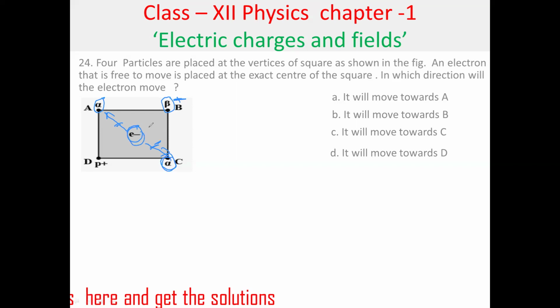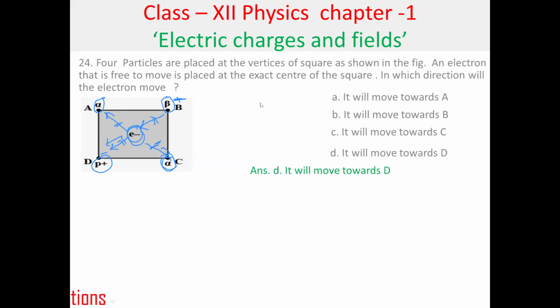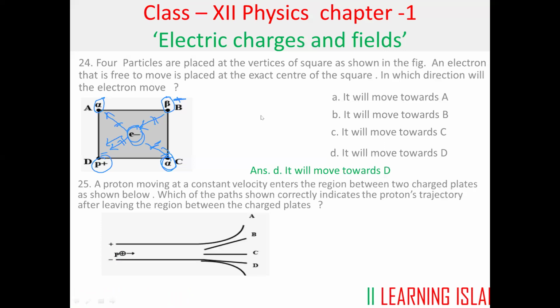Now come to this point. Beta, the minus charge, will push the electron this way, and the positive charge will pull it this way. So both forces push it toward D. So the electron will move toward D. I think it is very clear to you. It will move towards D. Hope it is clear. Go to the next question.